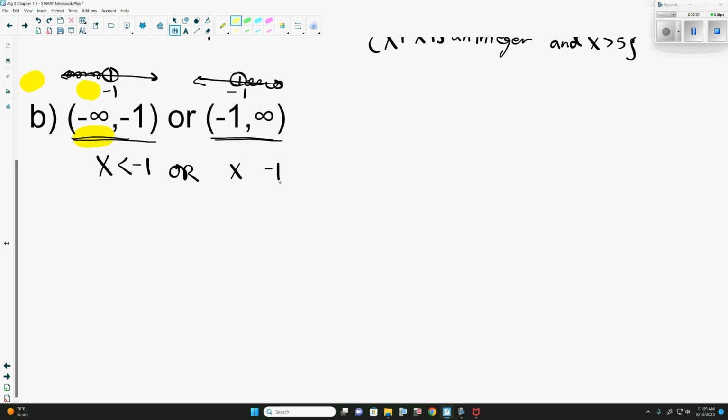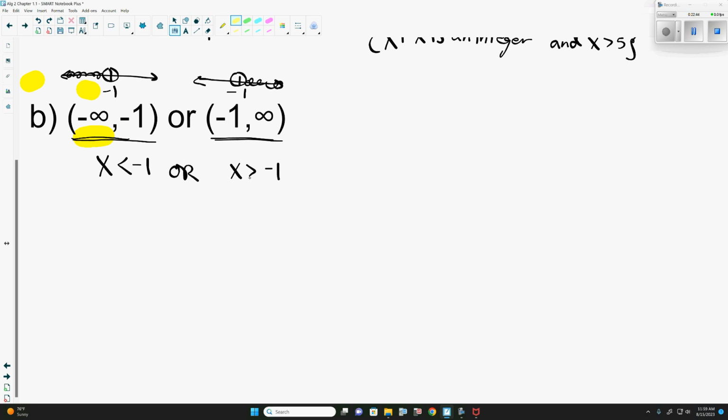So its inequality would be x is what? Because it's bigger, it would be greater than negative 1. So we've changed it from interval to inequality. Questions on how we switch from interval to inequality?